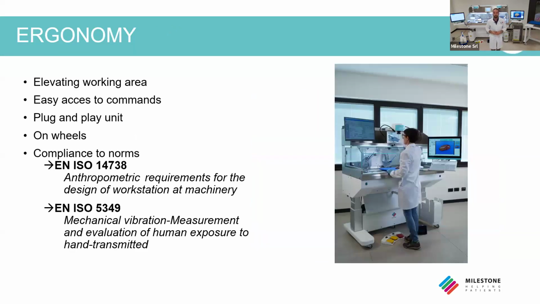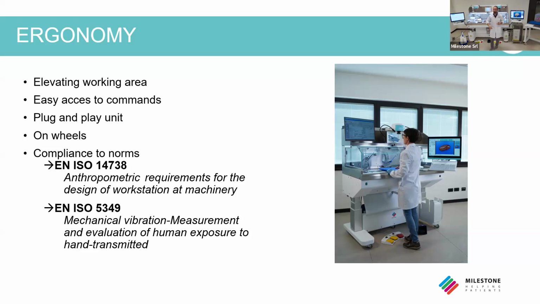Then, talking about ergonomics. As I told you, the operator must be at ease using our grossing station. In particular, we have the possibility to regulate the height. As I showed you, we regulate the height according to the needs of the operator.